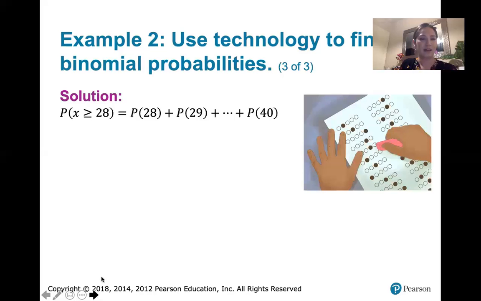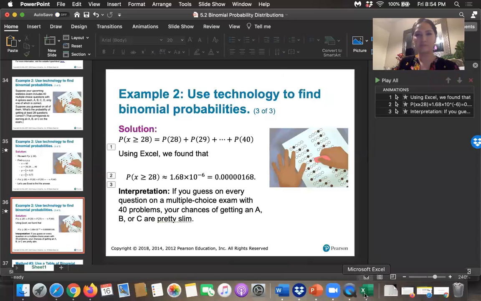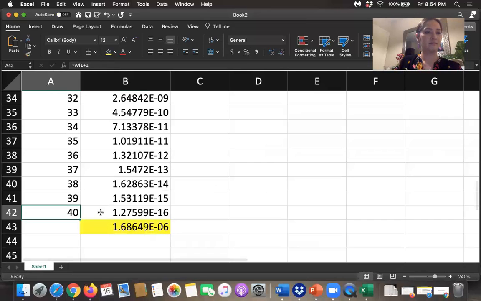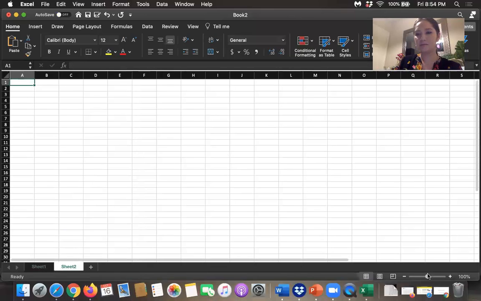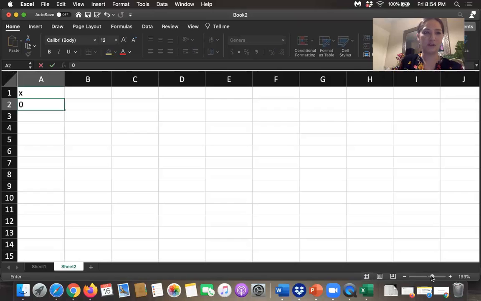Okay, before we look at this slide, let me show you how to do this in Excel. Oops, I've already done it here. Let me start with a new sheet. First I want x in this column, and you can have between 0 and 40 successes if you are guessing on 40 problems.